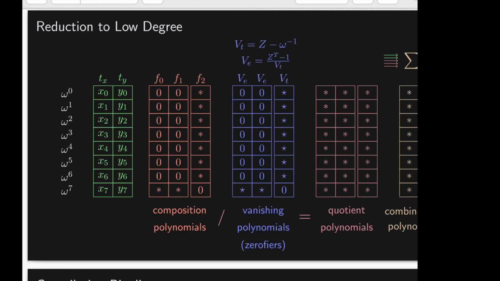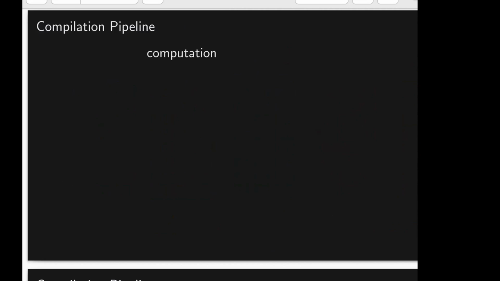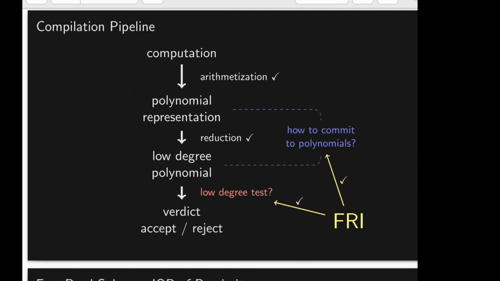Whereas if this division is clean, then the quotient polynomials, and thus also the combination polynomial, is a polynomial of low degree. So you want this distinction between high and low degrees. And that's exactly what FRI gives you. FRI says, yes, okay, it was fine if the polynomial was of low degree, and it will say, no, it's wrong, it's false if the polynomial was of high degree.